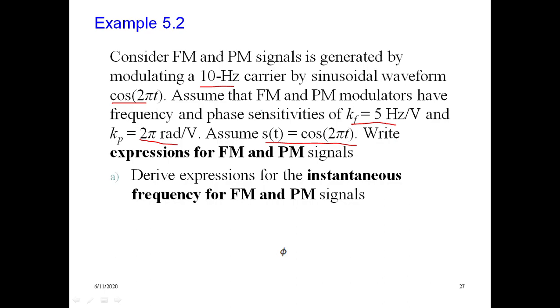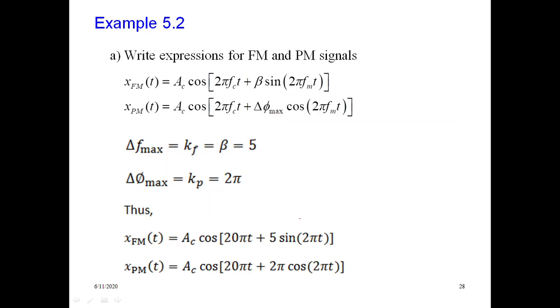The first one, write the expression for FM and PM signal. The second one is the instantaneous frequency. So for the expression, you just jot down the equation, but be careful, this side is due to the derivation of the cos. This one is the SNT, this is the integration of cos, and this is the signal itself.